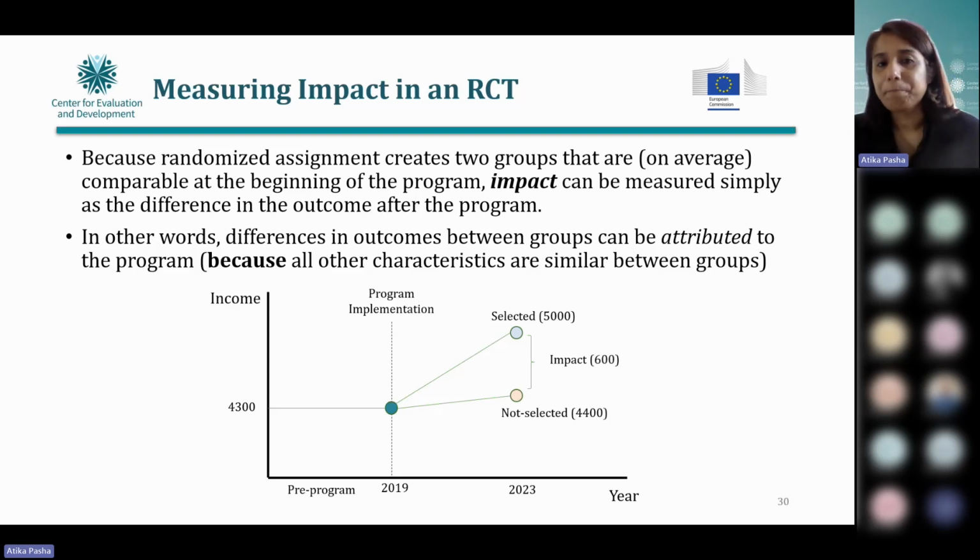Through whatever reasons, the not selected group was also able to perform better and improve their income to 4,400, and therefore the impact of the program is only 600 additional units, whatever units you want to consider. And therefore, the intuition of creating a counterfactual is hopefully visible through this simple graph or example.